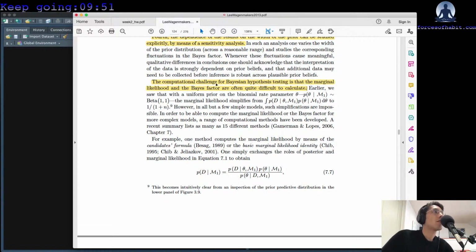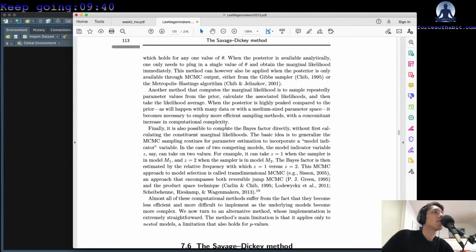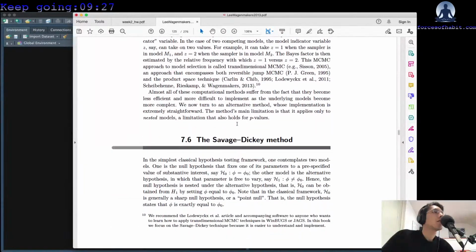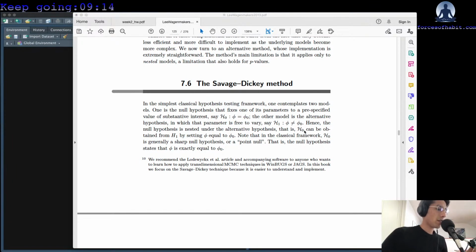And a computational challenge is dealt with in a variety of ways, some of which, I mean, we've already been doing, where we use these sorts of sampling-based approaches. Right. Just repeatedly. Then we move into Savage-Dickey. No questions there.